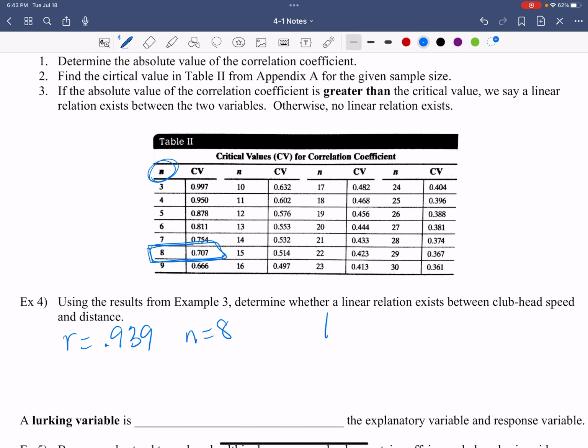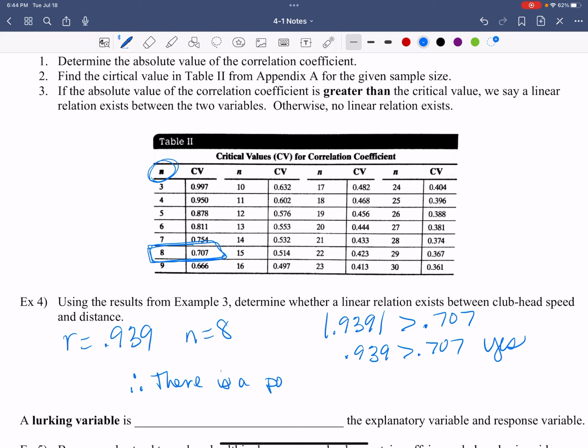So that tells me I'm going to take the absolute value of 0.939. I want to know if that is greater than 0.707, because that's my critical value. Is 0.939 greater than 0.707? Yes. So because this is true, therefore, there is a positive linear relation.